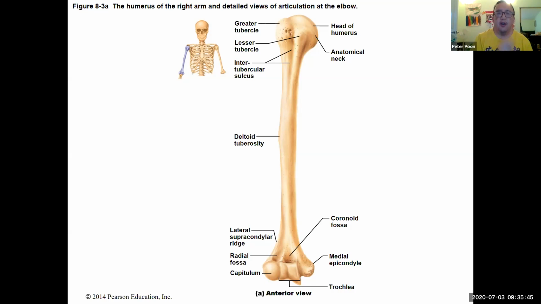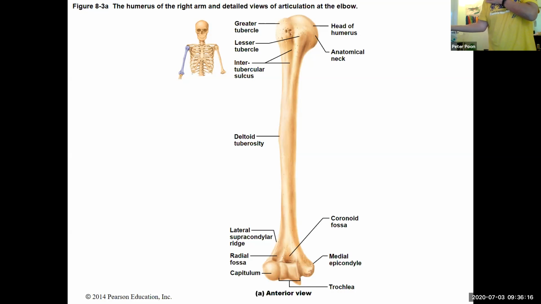Now look on the other side. This is the medial side, this is the lateral side. The lateral proximal epiphysis has two big bumps, a greater tubercle and a lesser tubercle. If you start in anatomical position and rotate your shoulder out, you can see my arm here.